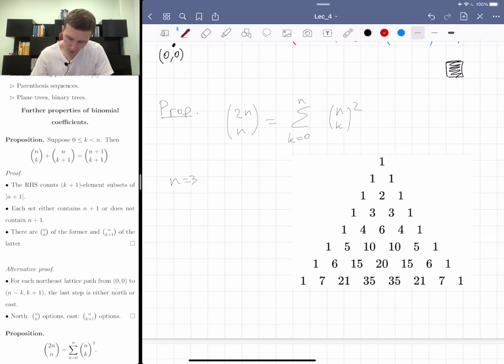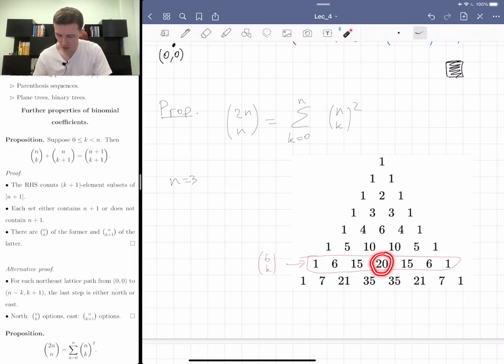So here's 6 choose k, right? This row is 6 choose k. The claim is that 2n choose n, which is 20, should be equal to the sum of n choose k squared, where n is 3. This is n choose k.